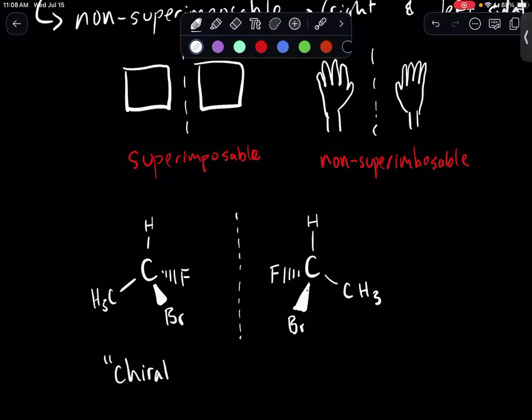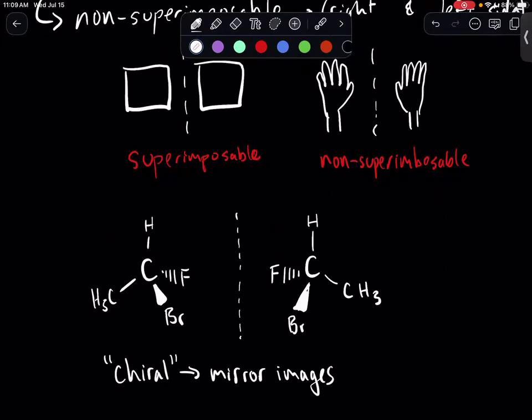Now, what I'm going to do is I'm going to use a lot of terms, and the problem is they all kind of mean the same thing. So chiral, much like non-superimposable, just means mirror images. It comes from the Greek of hand, because their hands are mirror images.